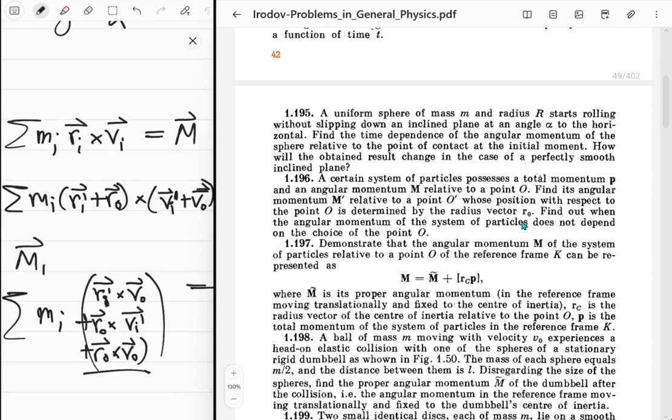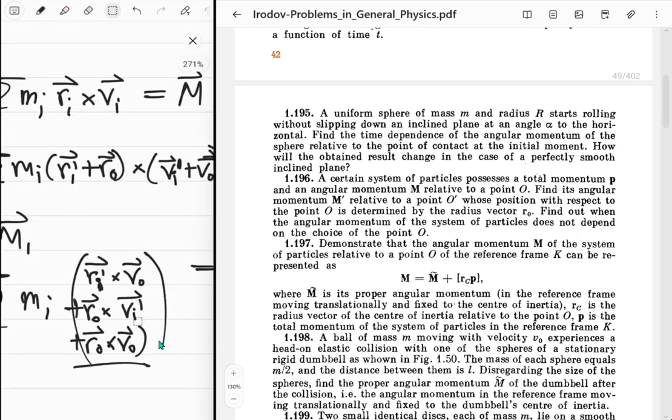Well, think about it. Do we really need to break this as vi dash and then? No, we don't actually. Just think of this whole thing as r naught vector cross... wait, did I just mess up somewhere? Yeah, no, it's correct.